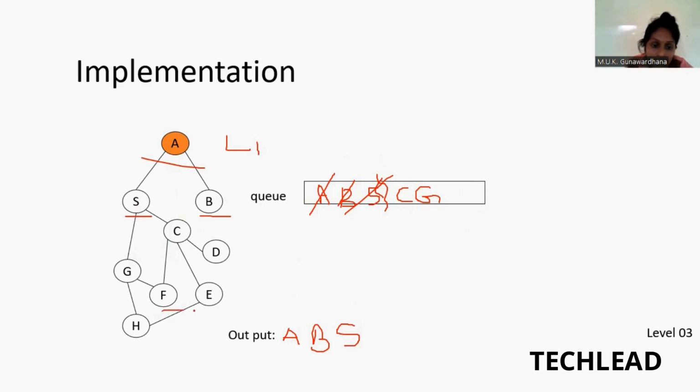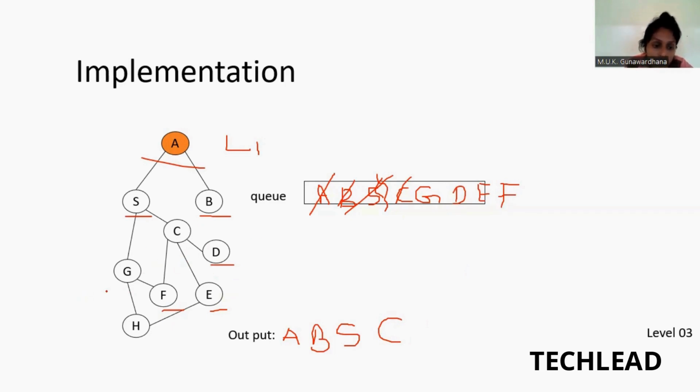You can see that there are the nodes F, E, and D. These three nodes must be inserted into the queue instead of the C. C is popped from the queue and given as output, and D, E, and F must be added. Now we are done with the adjacent nodes of the C.